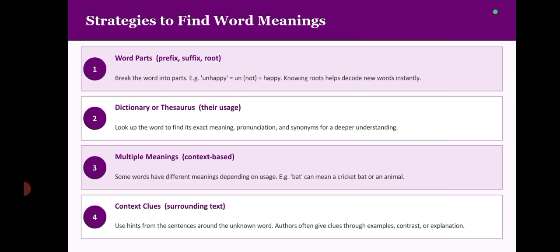So this strategy and this activity is related to the reading skill of the student, to the comprehension skill of the student: how the student reads, how much he grasps, and how he makes himself aware of the words that are unknown to him, the new words. So this is the strategy.